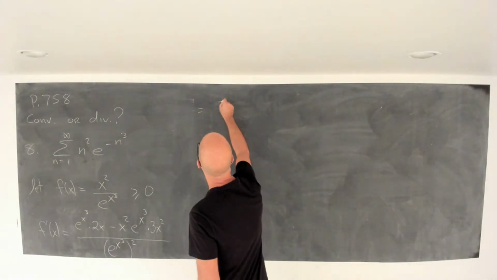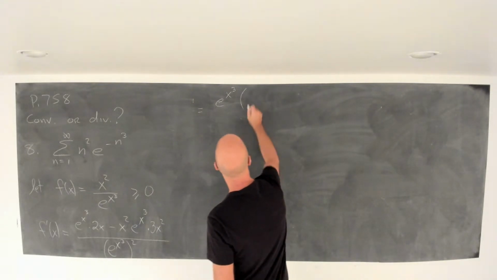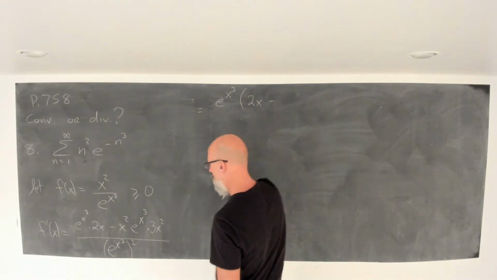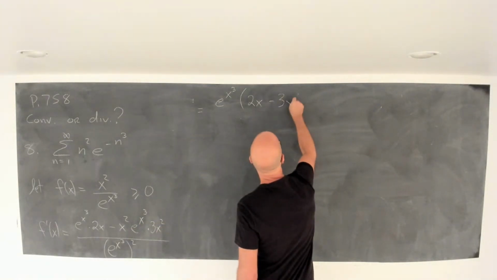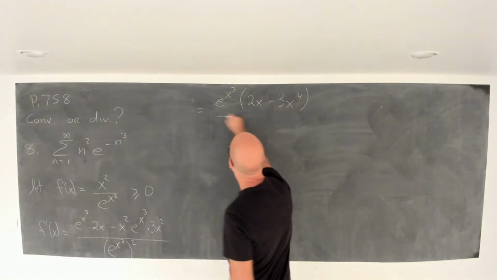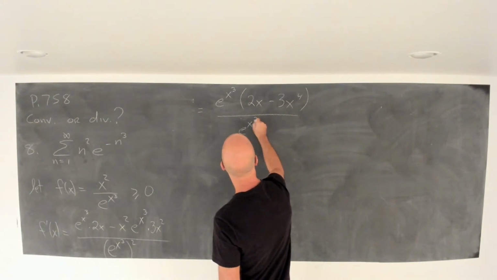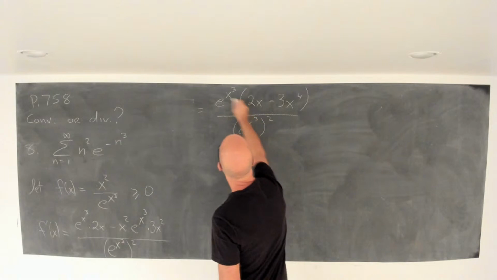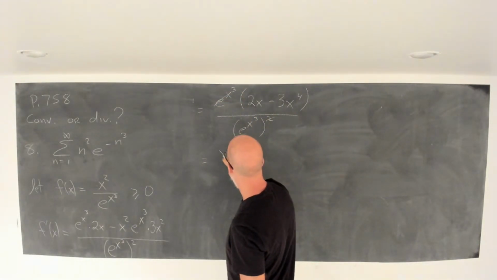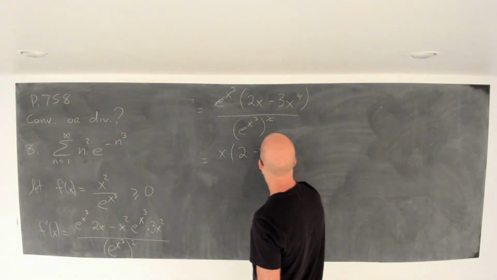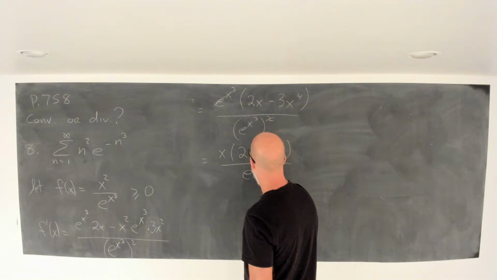If we factor out an e to the x cubed, this leaves us with 2x minus 3x to the 4. So we can take one out, and if you factor out an x, this is 2 minus 3x cubed over e to the x cubed.